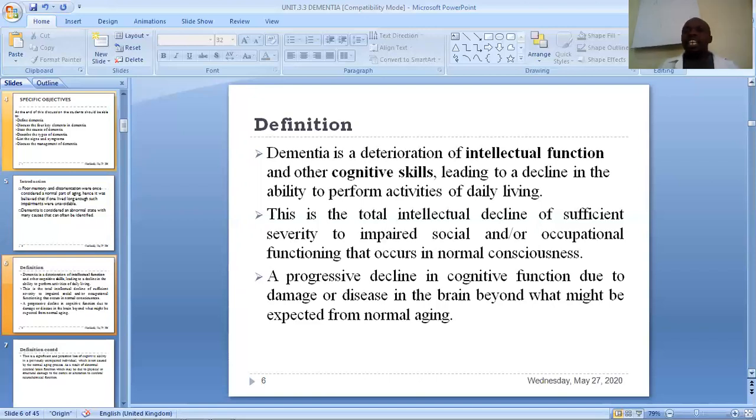So once there is a change or deterioration in the intellectual function and the cognitive skills, then you expect to see someone failing or not performing the activities of daily living as expected. What are these activities of daily living we are referring to? If you remember very well in your nursing career, in the fundamentals, you discussed the nursing models.